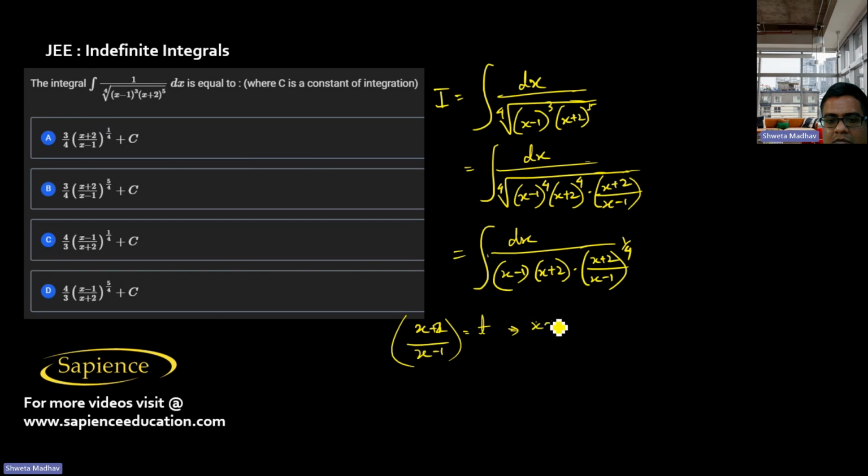Then x minus 1 minus of x plus 2 by x minus 1 whole square into dx will be equal to dt. So this will be minus 3 by x minus 1 whole square into dx, equal to dt.